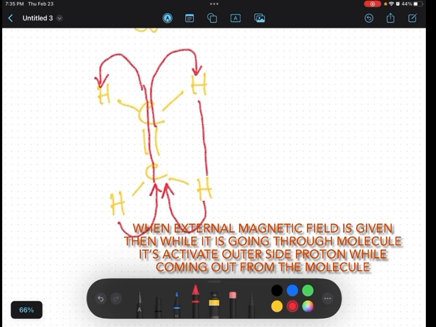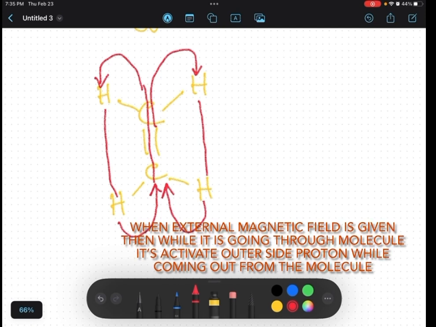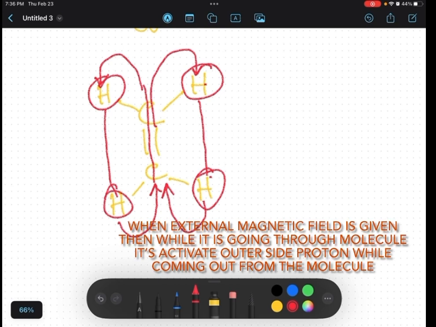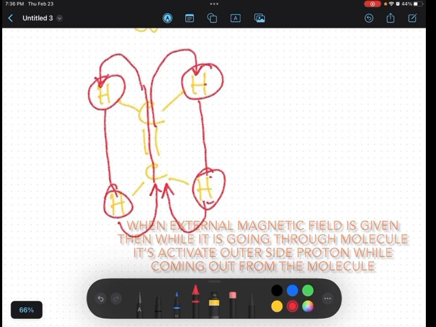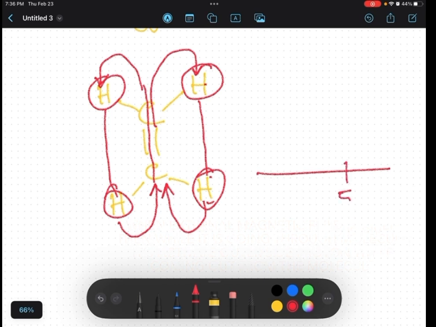So this ethylene molecule produces a magnetic effect through the molecule, and when it comes out through the plane, that induced magnetic field activates those protons. That's why they get the magnetic field more easily, so they are more de-shielded and show up downfield. Normally those alkene type protons show up at 5 to 6.5 ppm.